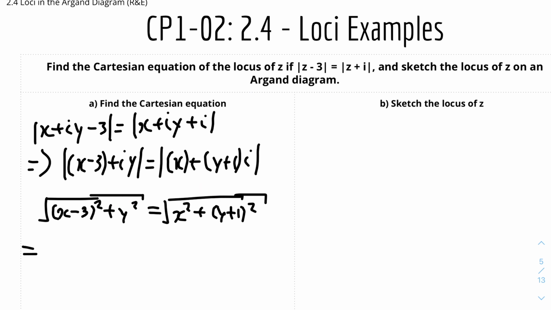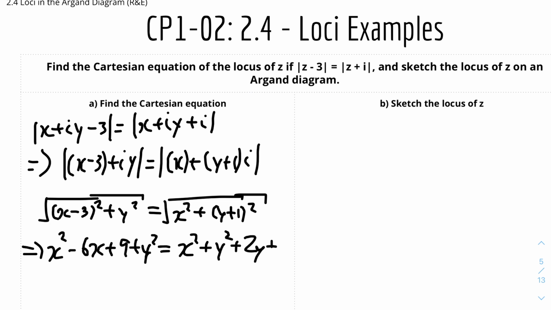This gets us x squared minus 6x plus 9 plus y squared equals x squared plus y squared plus 2y plus 1. So we can cancel the x squares and y squares on both sides, right? This leaves us with minus 6x plus 9 equals 2y plus 1.